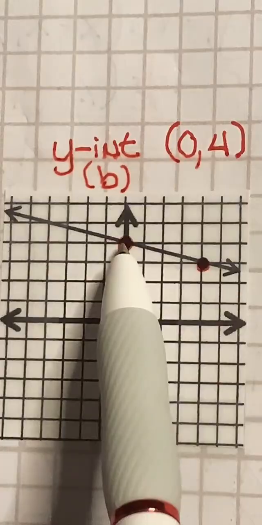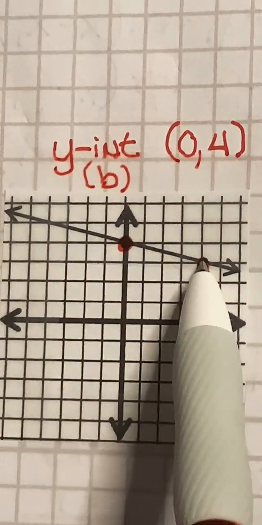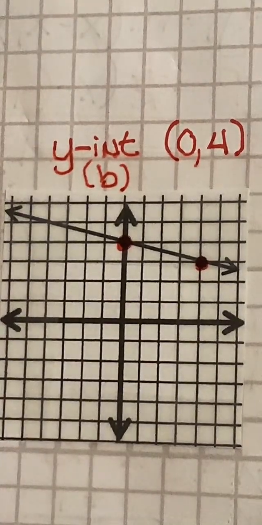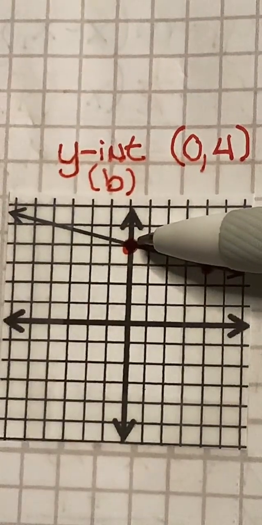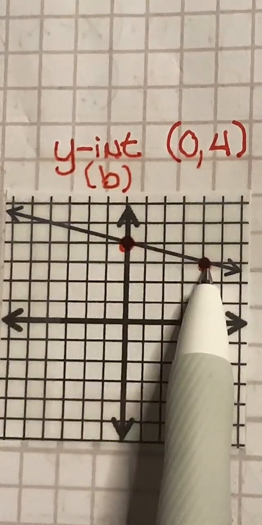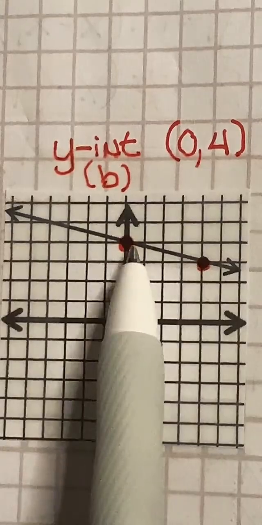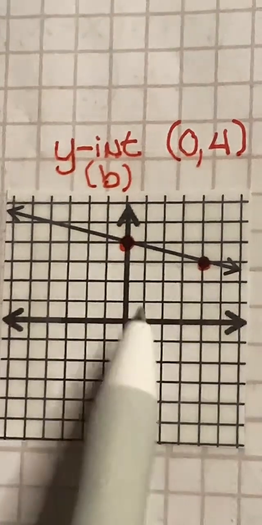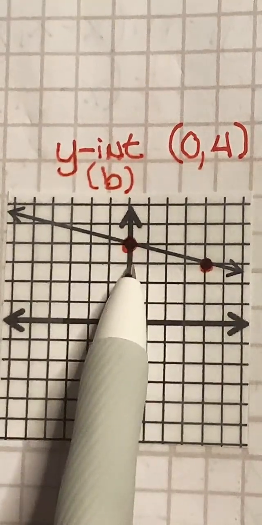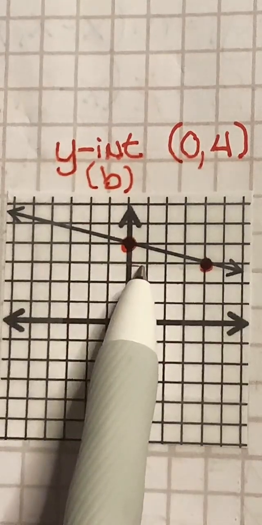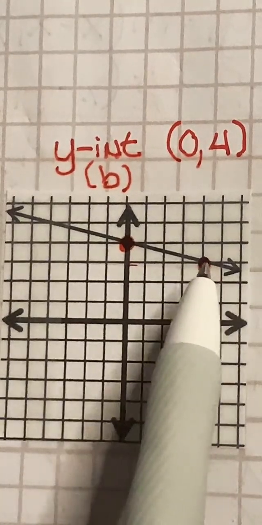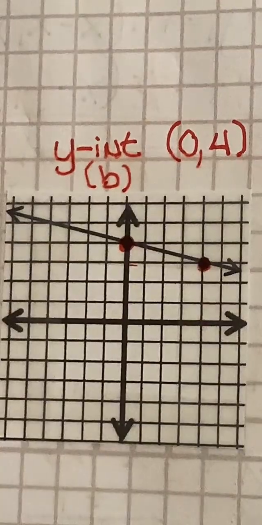When I go from one point to the next, it's like walking city blocks. This is your house, and you need to get to your friend's house. You can't walk through people's homes. That's how you get hurt. So you go down 1 block and then over to the right 1, 2, 3, 4 blocks. What we just found is our slope.